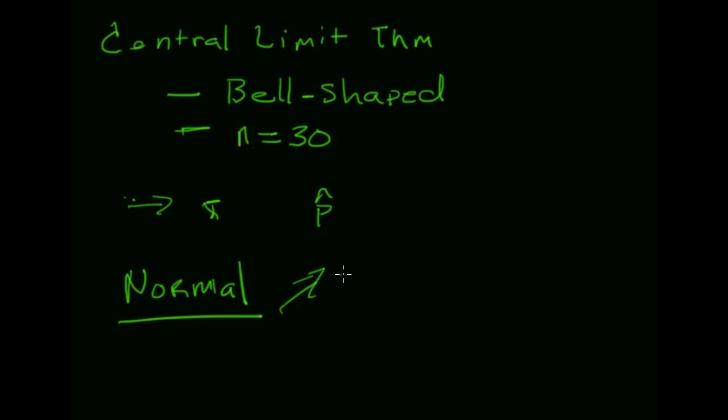Now, for means of those samples, the mean of the means is equal to the mean of the population, and the standard deviation of the means is equal to the standard deviation of the population over the square root of the sample size.